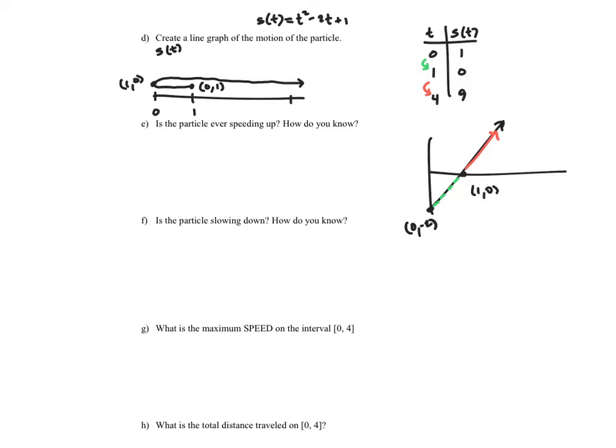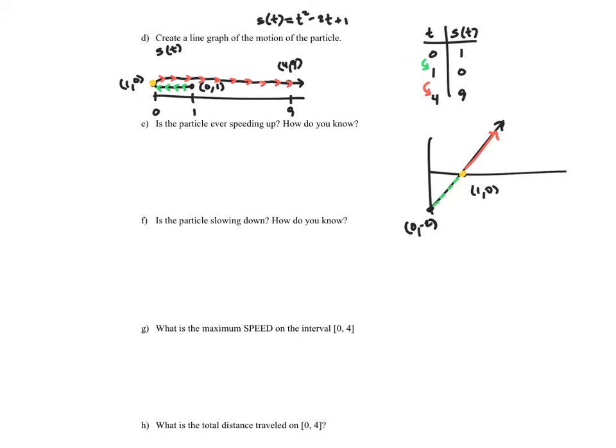And at time 4, the position is 9. Okay, so based on our velocity graph, you can see that velocity is negative, negative, negative. Then it's 0 right here. And then since the velocity changes from negative to positive, that's a turning point in the line graph. And you can see the motion of the particle in that way.